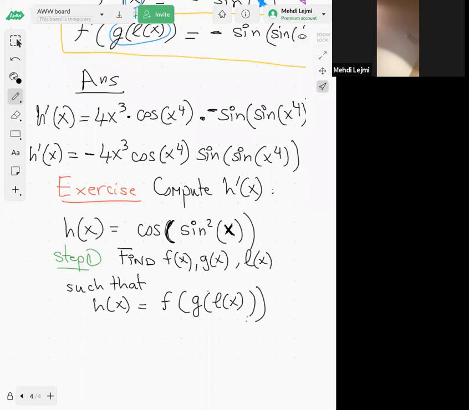And then step 2 would be to apply our chain formula.